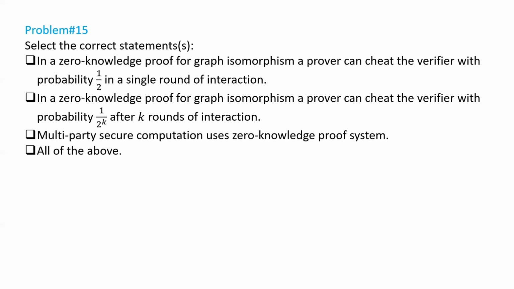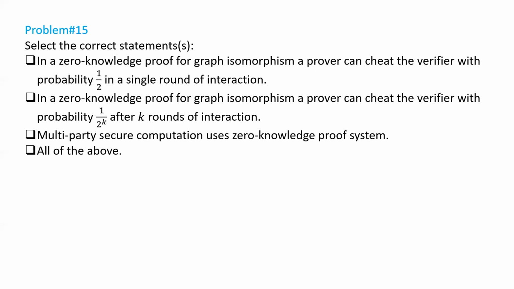But if you repeat the same interaction with various other values of H and the second bijection, then the probability that the prover is able to cheat the verifier each time is very small, that is 1 by 2 to the power k. In any one round, if the prover fails to come up with the correct response, then the verifier aborts and rejects the prover.